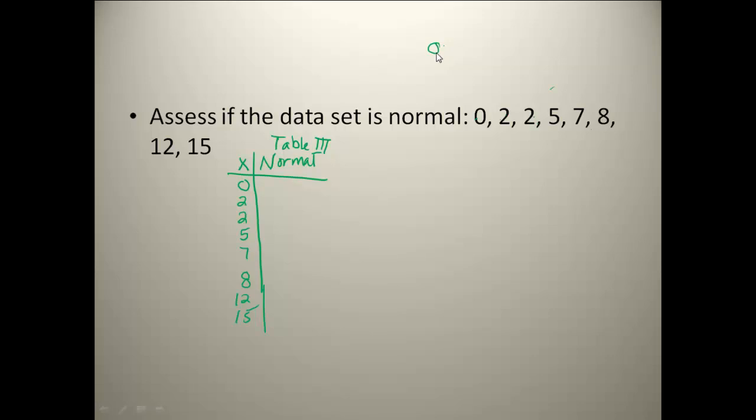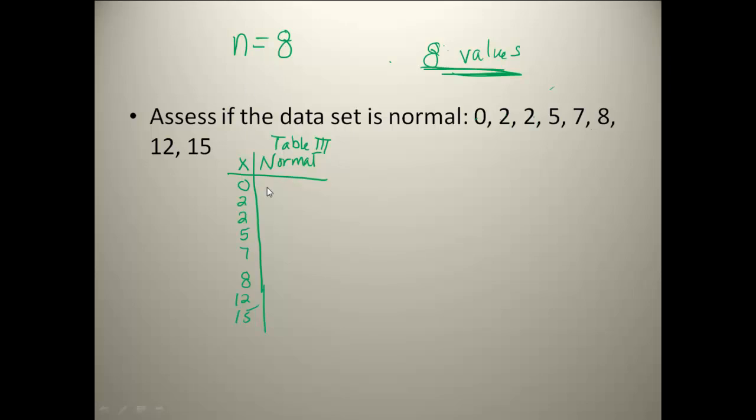Okay, the next thing I need to know is how many values I have. And I have 8 values in this particular data set. Now, if you go back to table 3, it's broken down into several different sections, and that's just because of space. With 8 values, we have n equals 8. So you need to go onto your table, and across the top you need to find the 8.